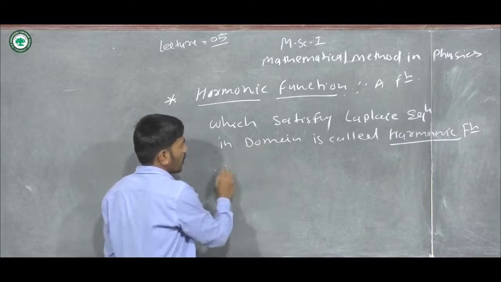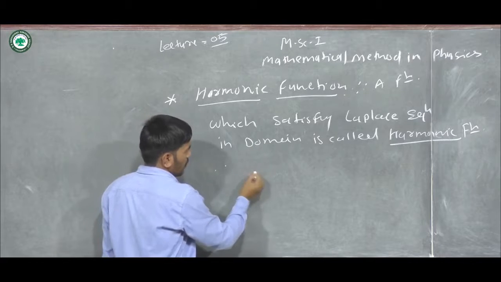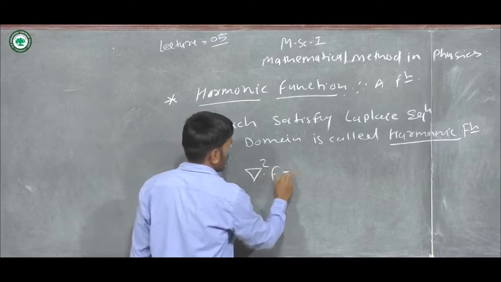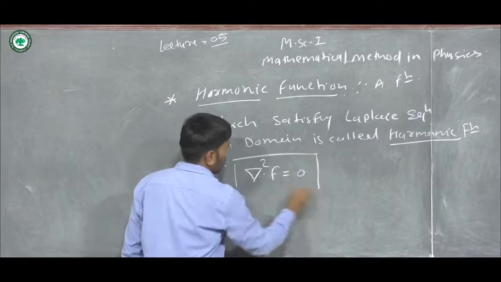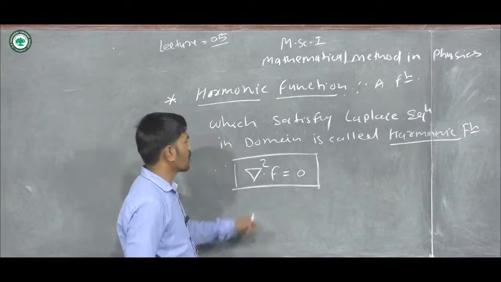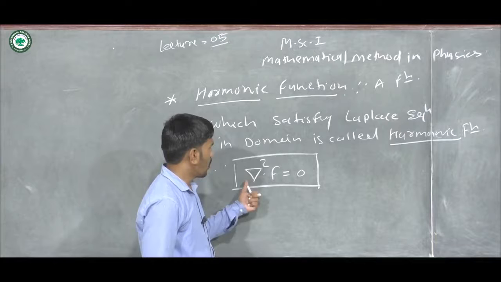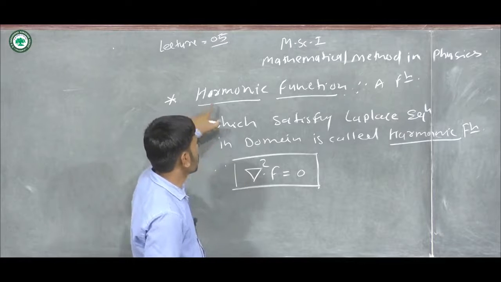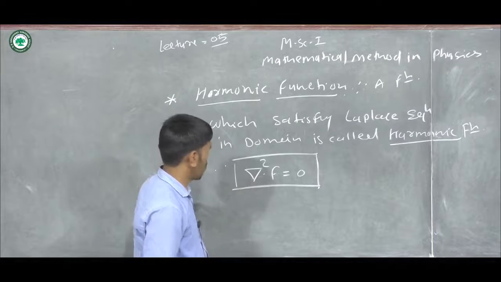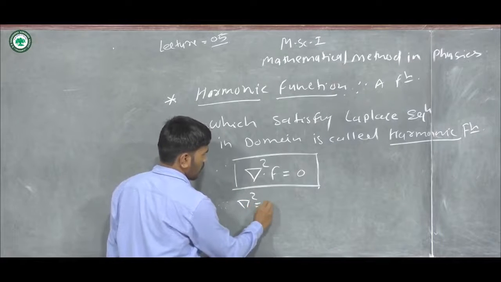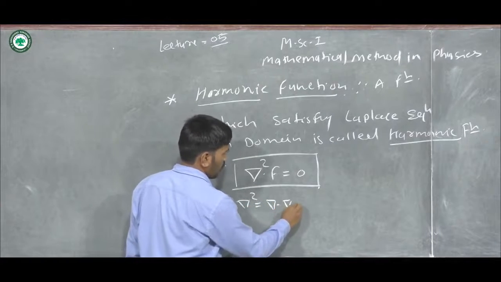So we know the Laplace equation, that is, del square f is equal to 0. If this f of z satisfies this Laplace equation, we can call this function a harmonic function. We can write this del square as del dot del.